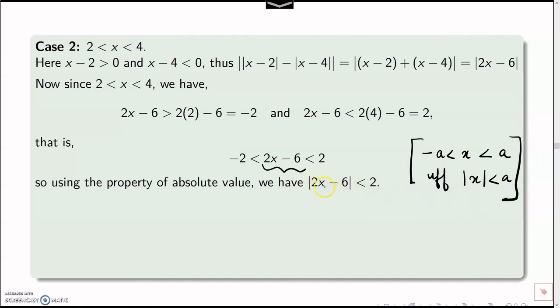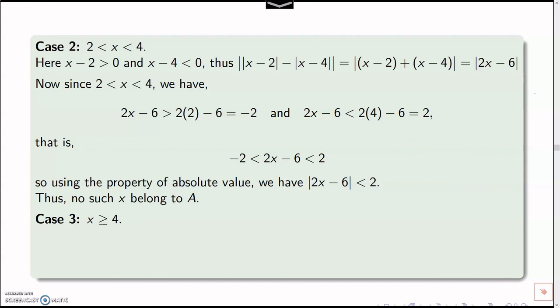So the modulus of 2x minus 6 is strictly less than 2, and this expression, whenever x lies between 2 and 4, is equal to modulus of 2x minus 6, which is less than 2. So definitely it is not equal to 3. That means again none of the points which are strictly lying between 2 and 4 will come in your set. Okay, I hope this is clear.